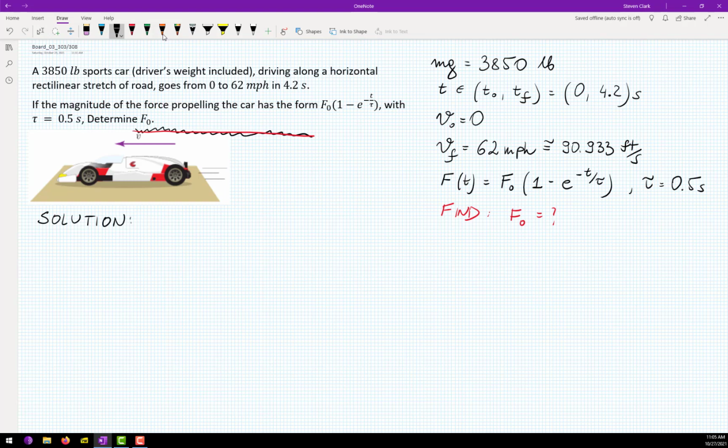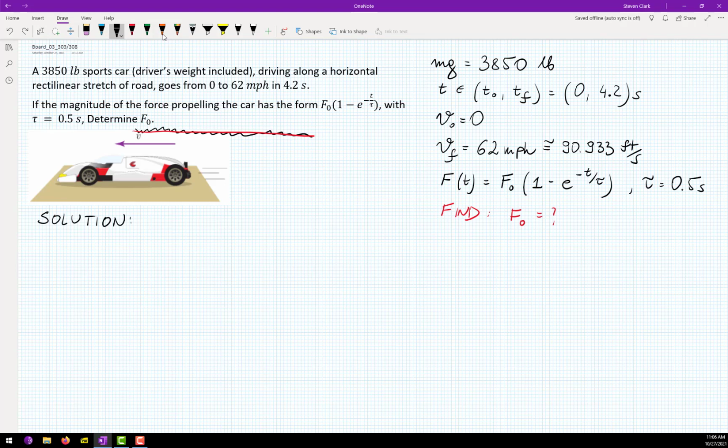We have our car that we will model as a particle. We know that our car starts from rest, and it needs only 4.2 seconds to reach a speed of 62 miles per hour. The force propelling the car is given with this expression, and they ask us to find F0, the F0 that is needed so that everything else in the problem statement is true.